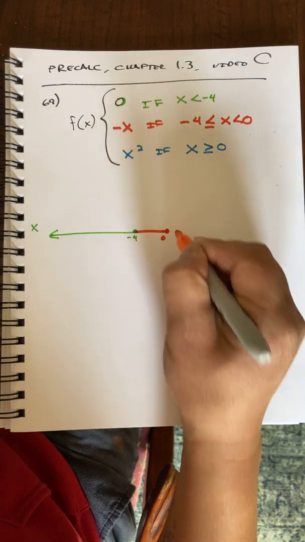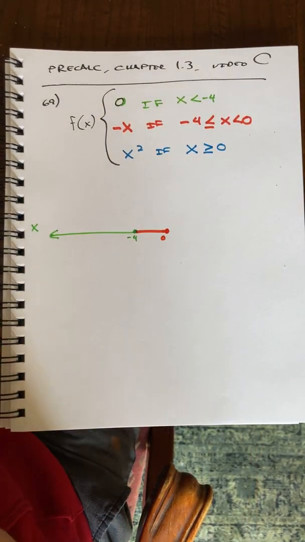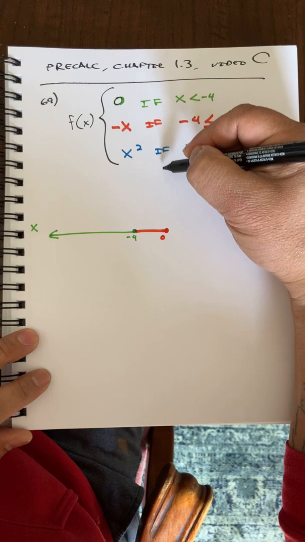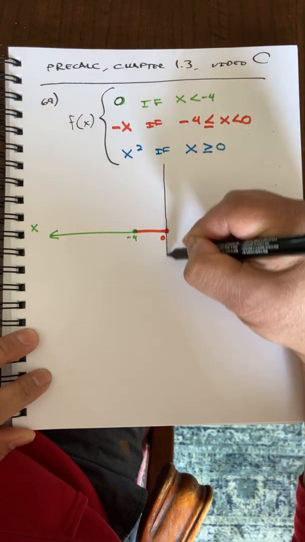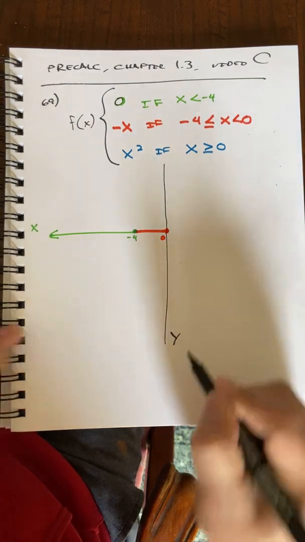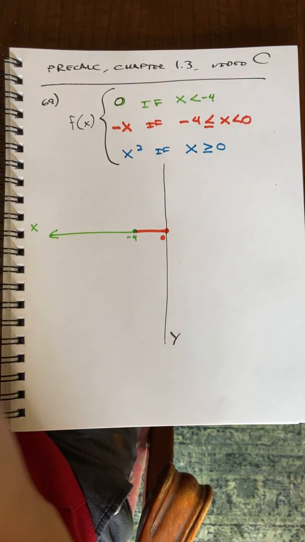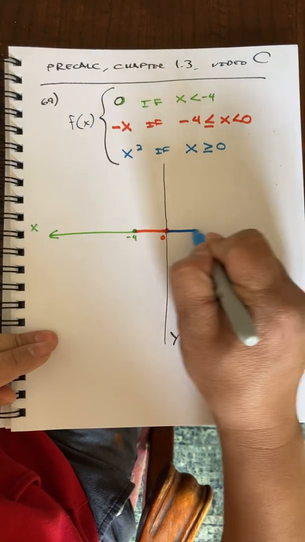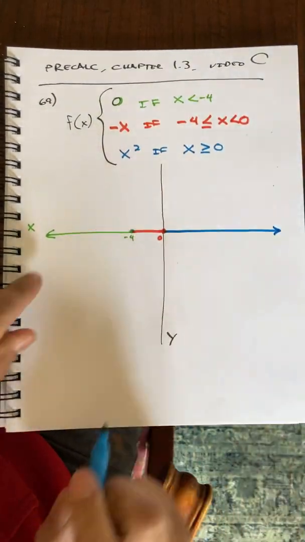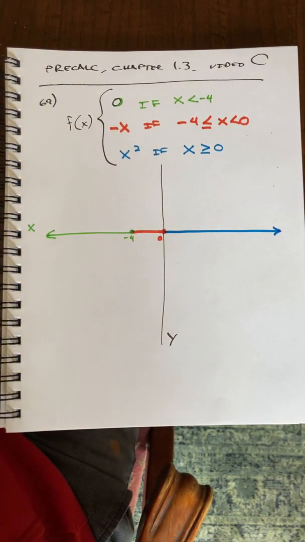And there's my 0. My y-axis is gonna land there. There we go. And then from 0 to infinity, it's all blue. Okay, so here's my domain and my three different pieces.